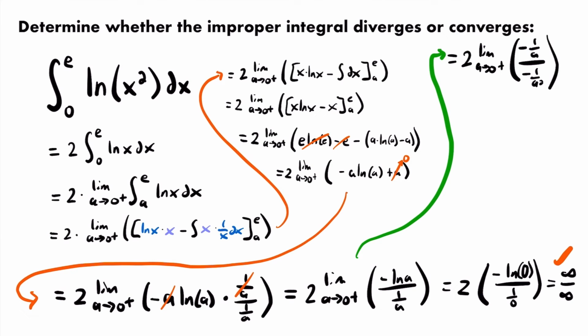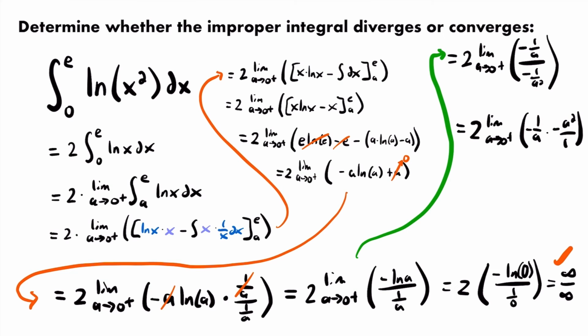And now let's simplify. Remember that dividing by a fraction is the same as multiplying by the reciprocal of that fraction. So this would be equal to 2 times the limit as a approaches 0 from the right of negative 1 divided by a times negative a squared divided by 1. All right, instead of dividing by this fraction, we are multiplying by its reciprocal. We flip the numerator and denominator.